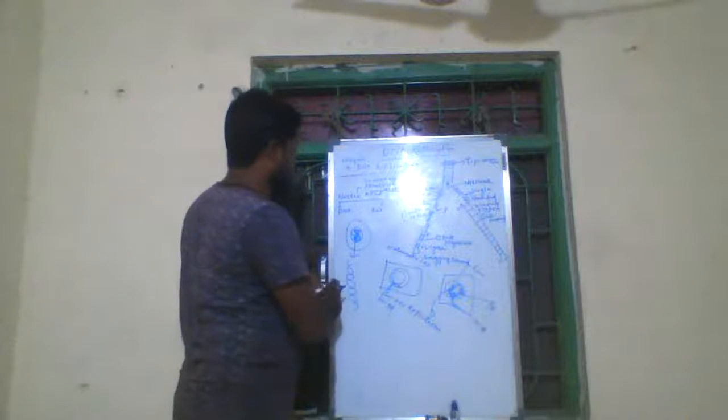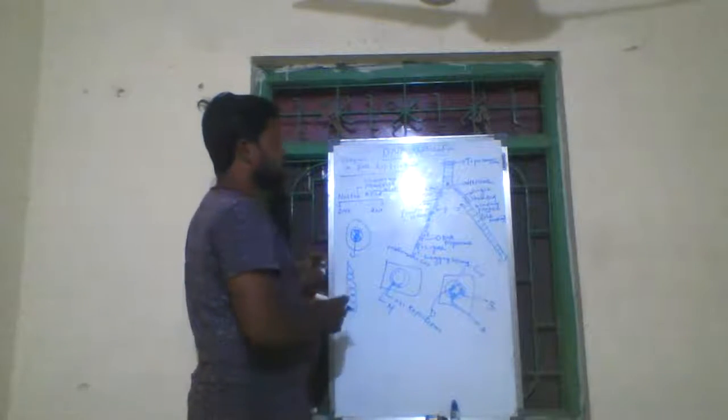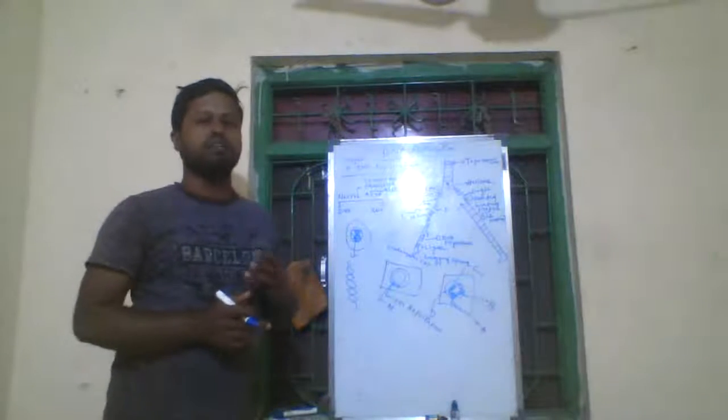If we observe the DNA structure, the DNA is made of three major components.